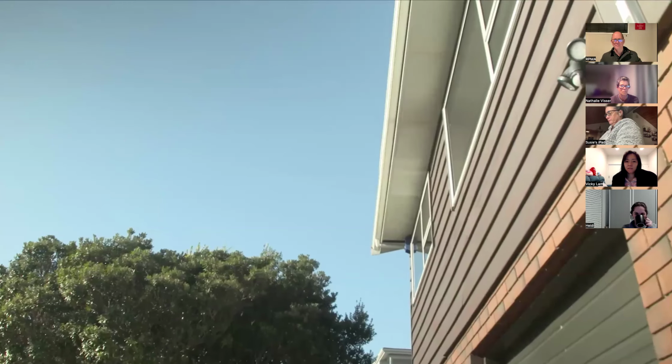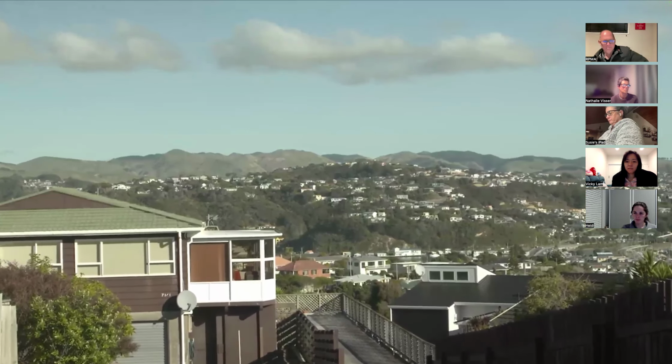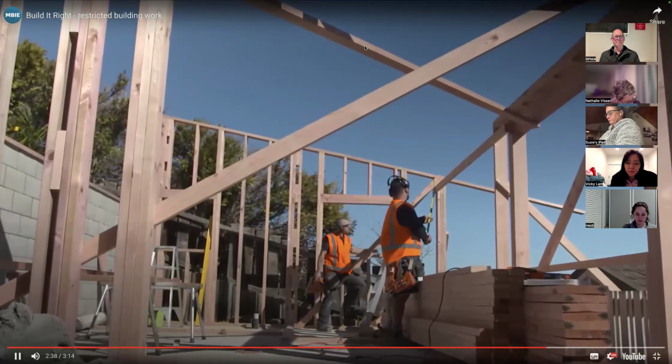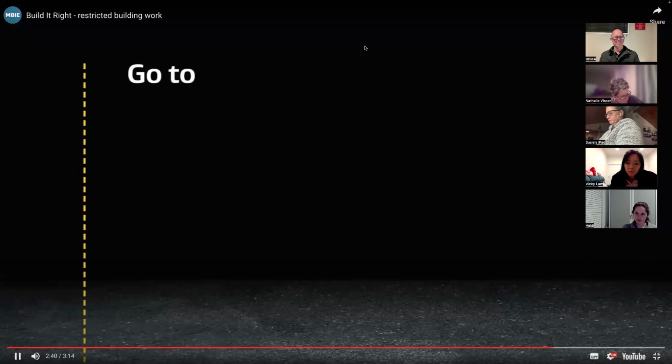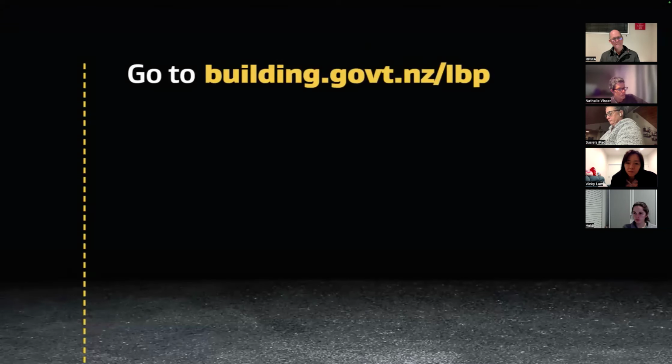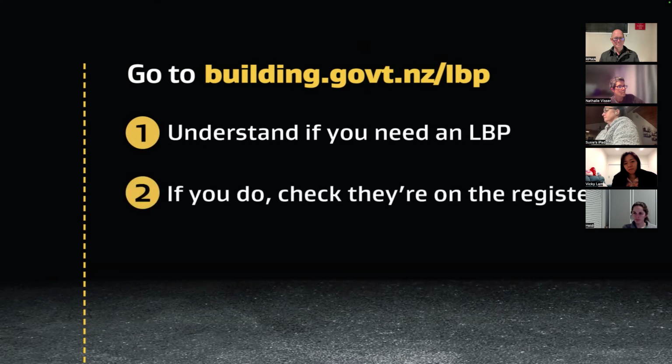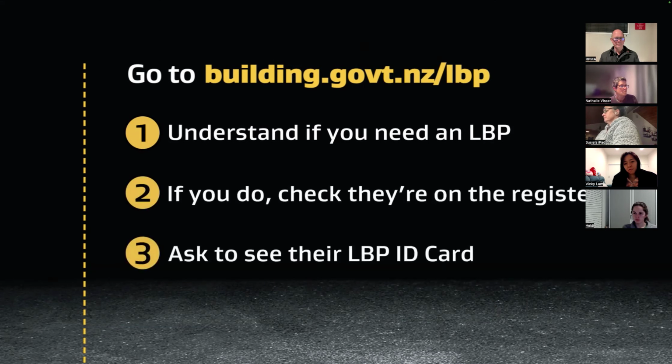Bottom line, your home is one of your biggest investments, so you always want to make sure you have the right people on every job, right? Build it right. Go to building.govt.nz/LBP and 1. Understand if you need an LBP. 2. If you do, check they're on the register. 3. Ask to see their LBP ID card.